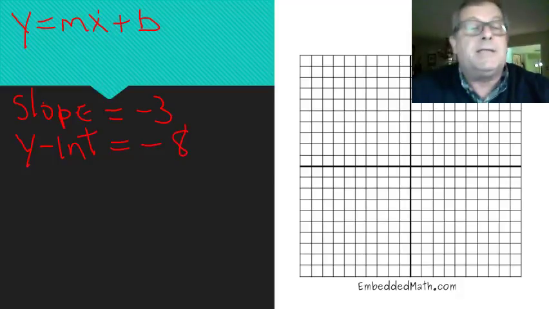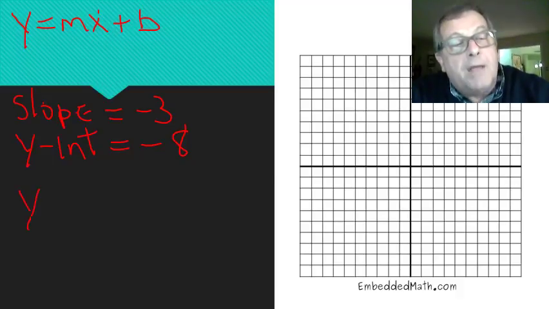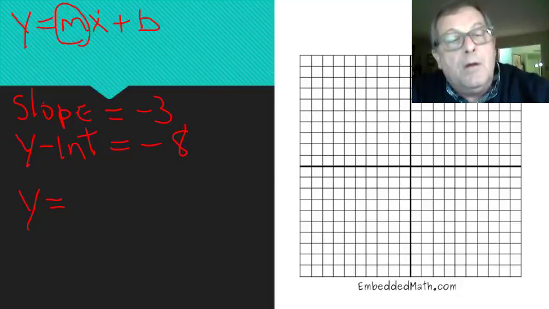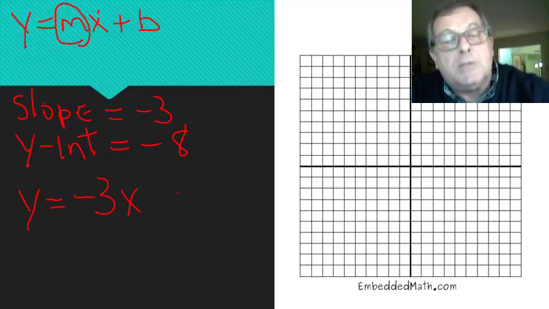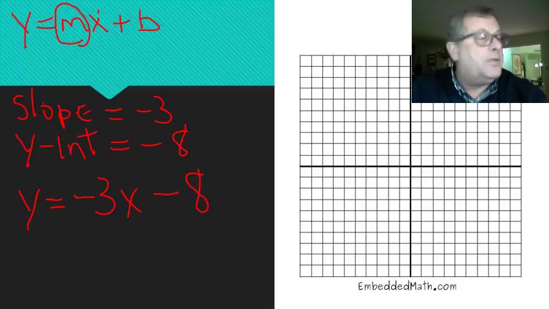All right, so let's take the step of writing this in slope-intercept form. So now I'm going to have y equals, with the slope substituted in for m, -3x minus 8. So our y-intercept is at -8, and our slope is -3.